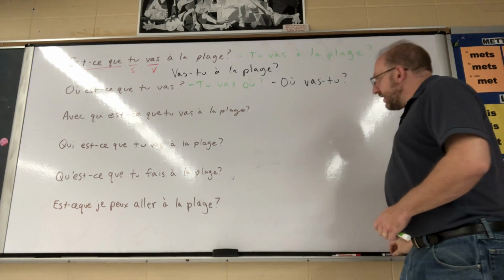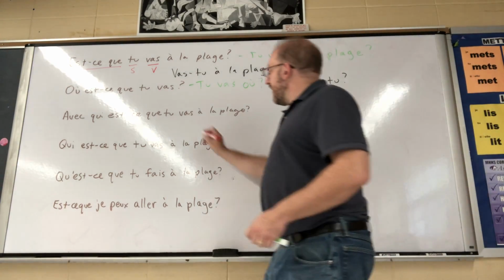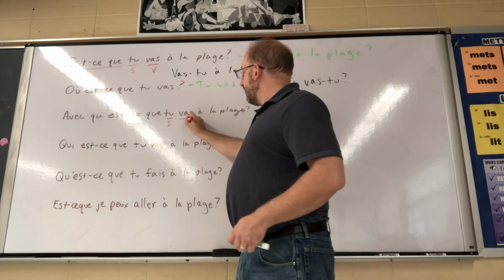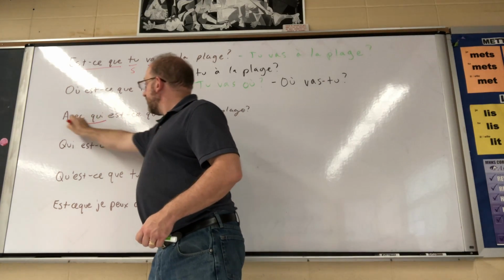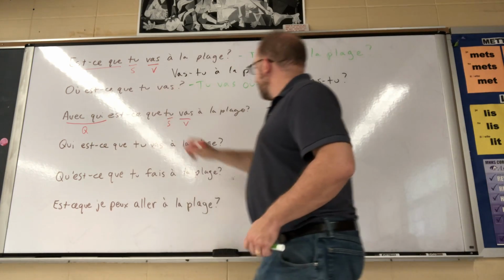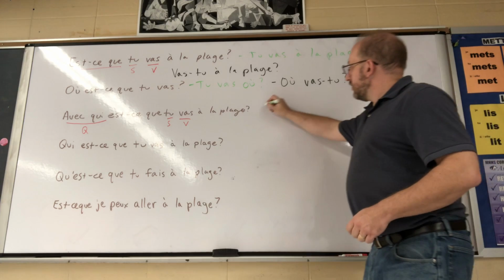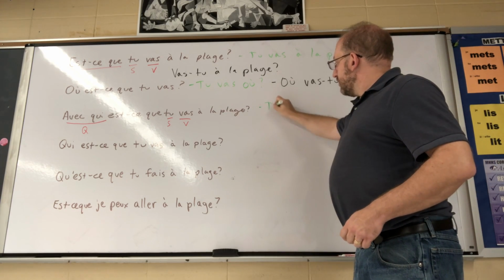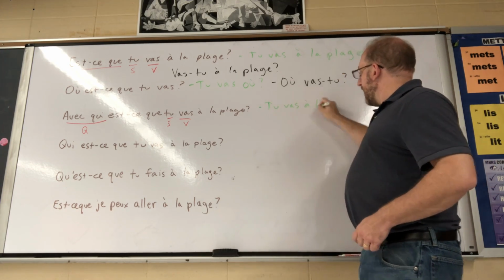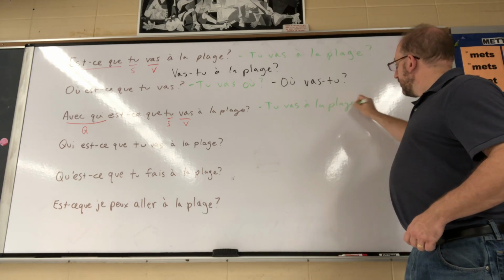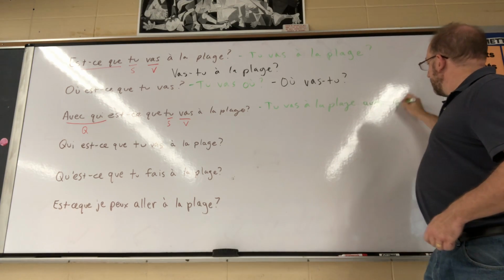The next one, avec qui est-ce que tu vas à la plage? We have here our subject tu, our verb va, we have our question avec qui, and we've got est-ce que. In the familiar form, tu vas à la plage avec qui?